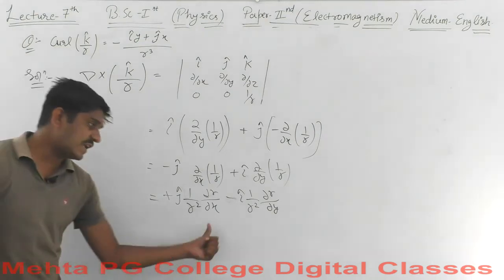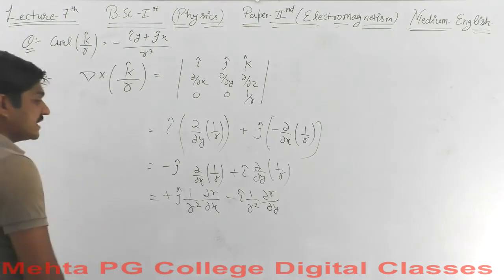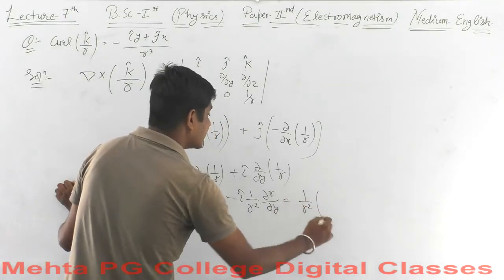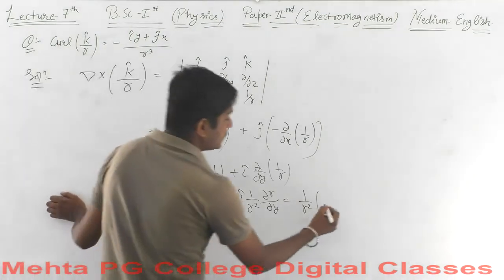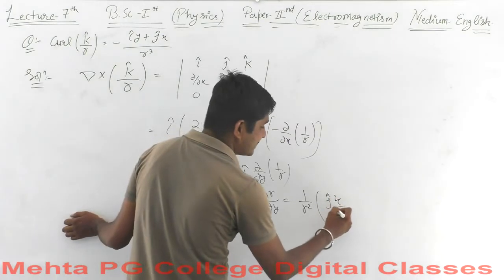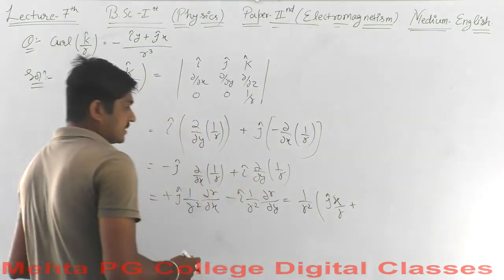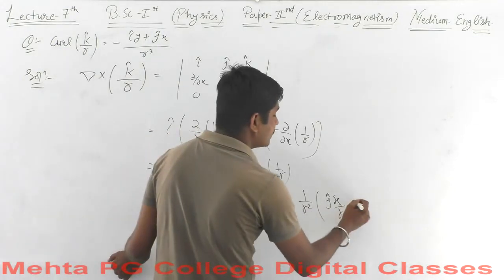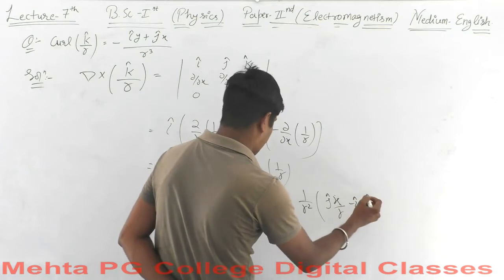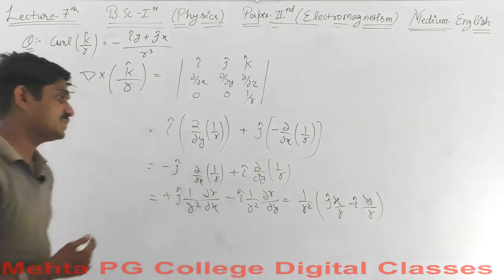Again, you remember what the value of this is and what the value of this will be. So writing down all the values here, let's say we have taken the constant r square. The remaining is j cap x by r plus, sorry, not plus but minus i cap y over r.